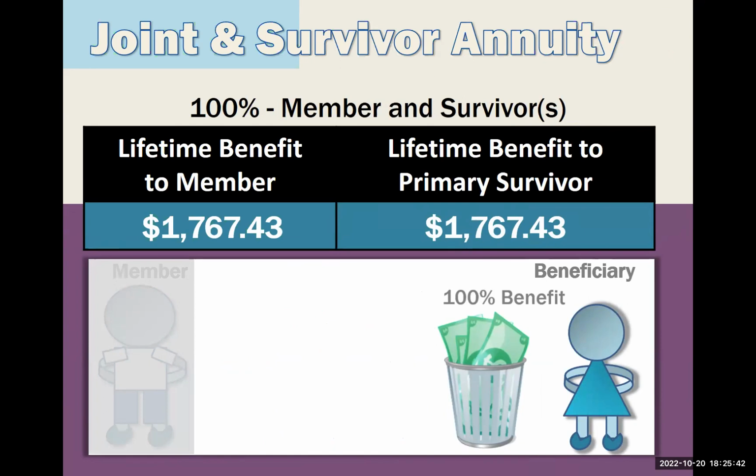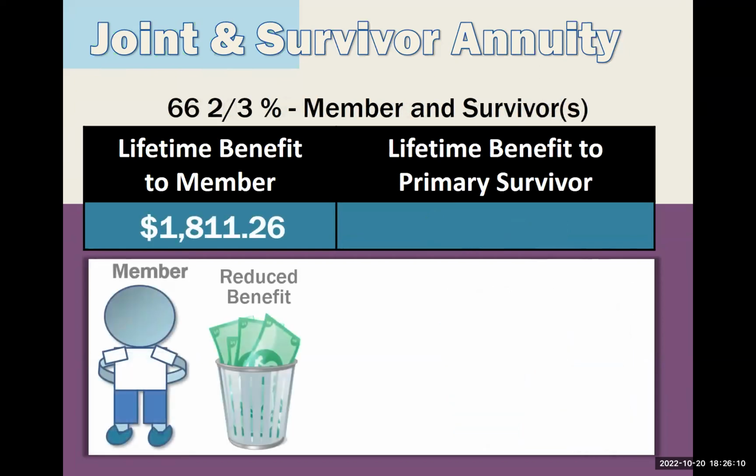Now, an example of why you might choose the 100% option, well, again, let's say you've got a $1,700 mortgage and you owe 25 years on it. So you know that your beneficiary is dependent on your pension to make that payment. So when you pass away, they would receive the same amount you received, ensuring that they continue to make that payment upon your passing.